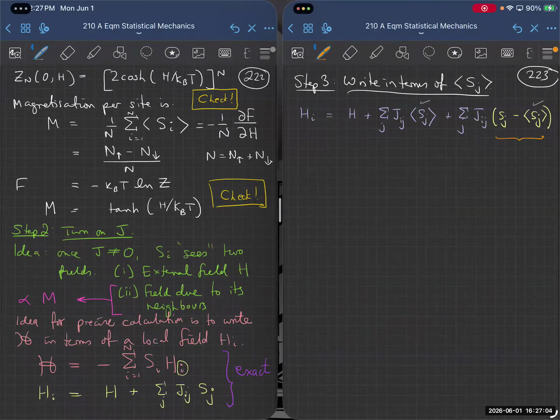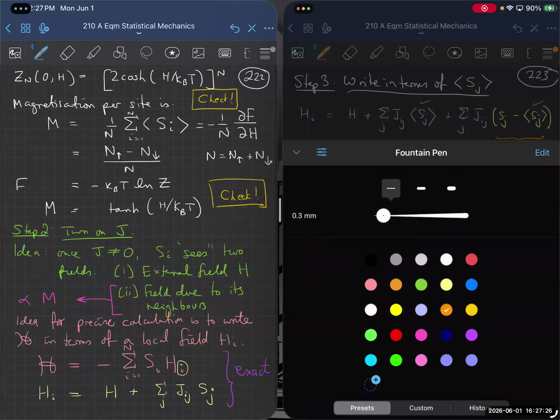So this term tells you how much Sj deviates from its mean. And that quantity has a name, that's called the fluctuation.